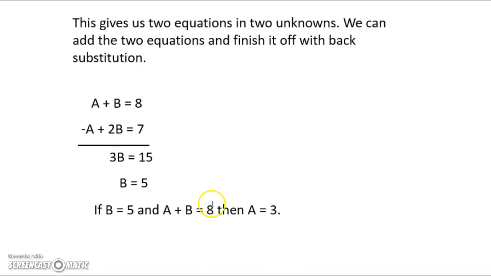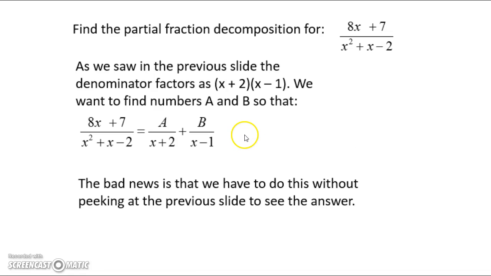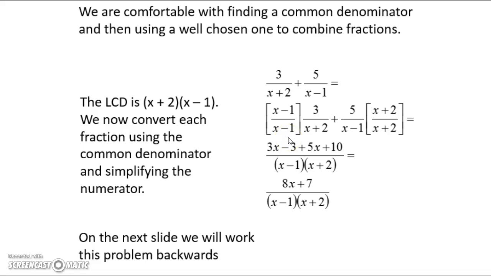If A is 3 and B is 5, what we look for is A was over the x plus 2, which is 3, and B was over the x minus 1. We'll go back to the previous slide, and there is A over the x plus 2, and there is B over the x minus 1.